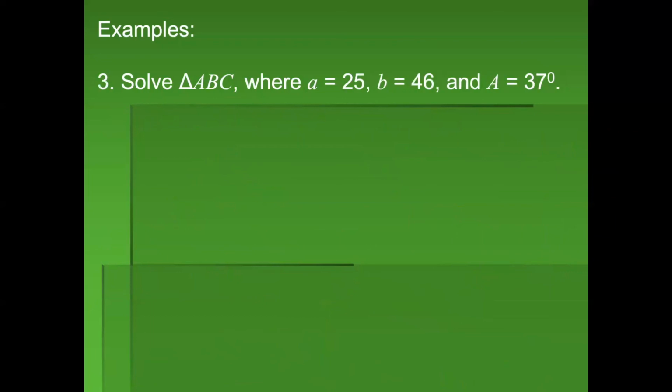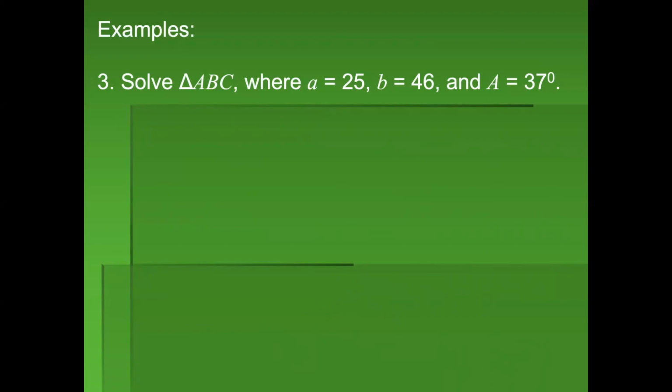Now let's have our last example. This time we are asked again to solve triangle ABC, wherein side A is 25, side B is 46, and angle A is 37, which is acute.